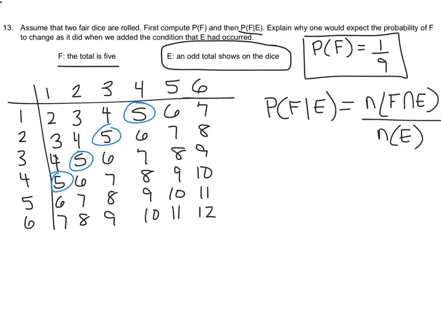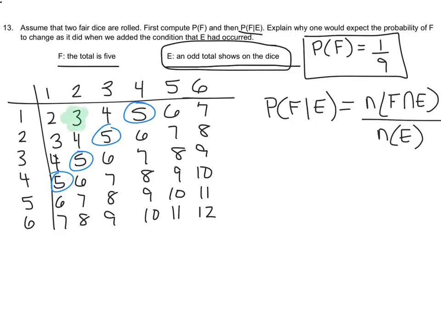First, we want to find the denominator, which is the number of times that the event E occurs. So if we look at this, E is that an odd total is showing. So we want to count the number of times that an odd total can show. If we look at our chart, we can see all of our possible outcomes, and I'm going to highlight the odd outcomes.